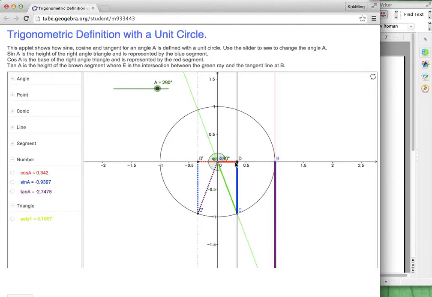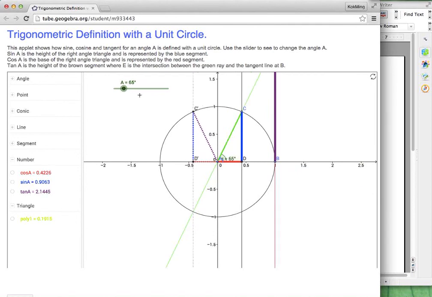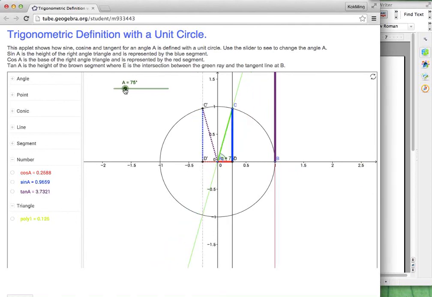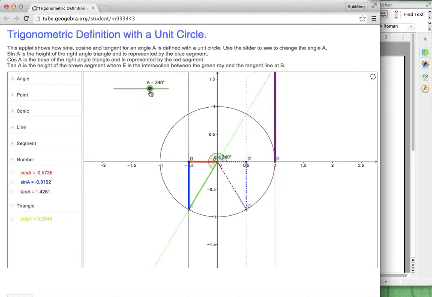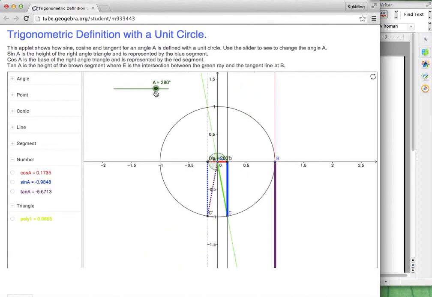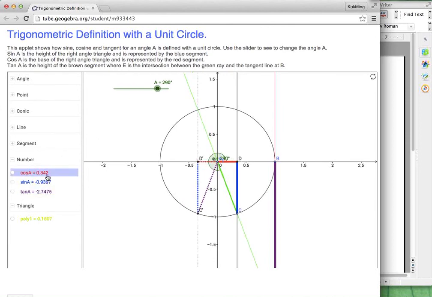So this angle is 70. So 290 should be the same as 70. Look at that, 70, 0.342, and then 290 is also 0.342, right? It's the same. Basically, it's up here is 70, and here is 290, but the same base.